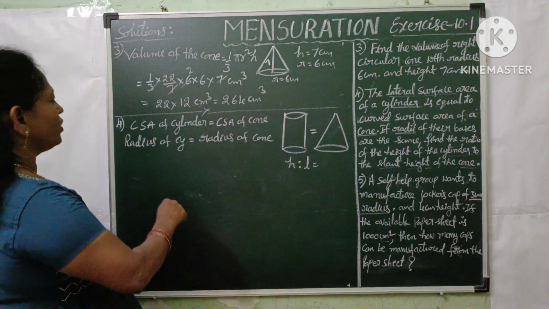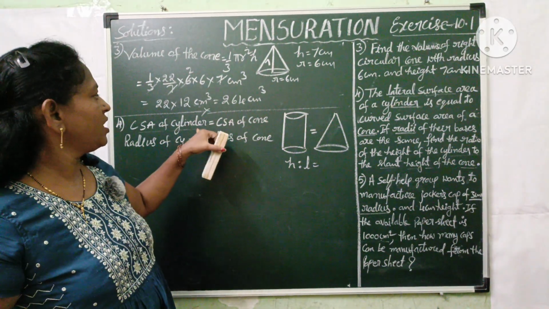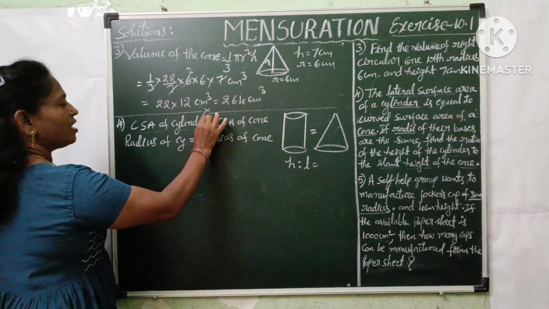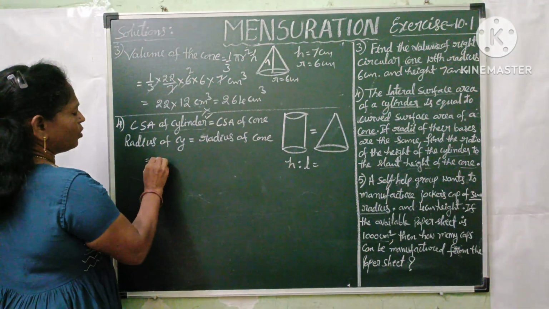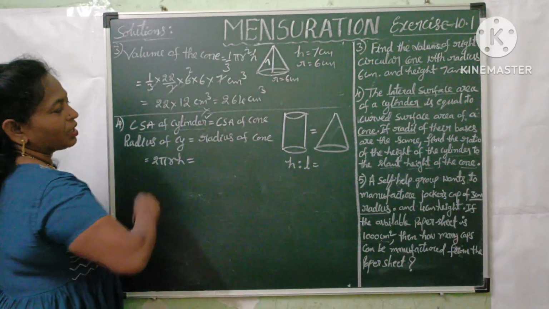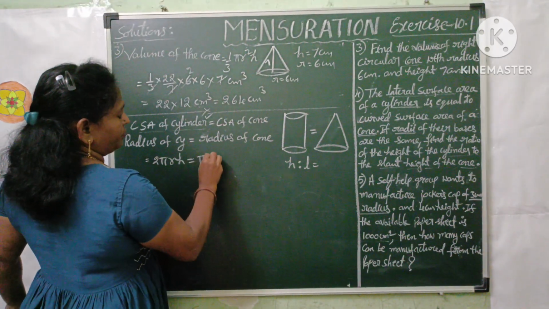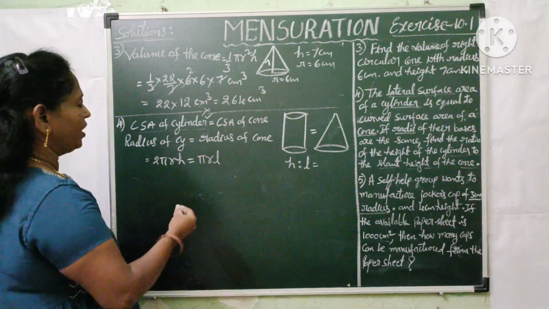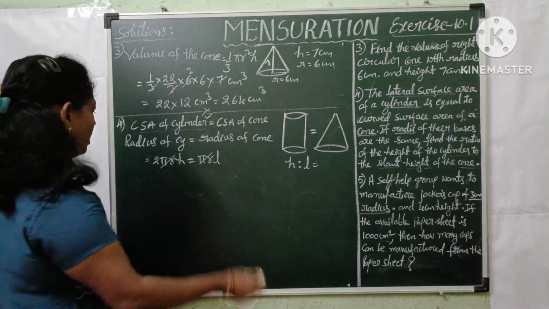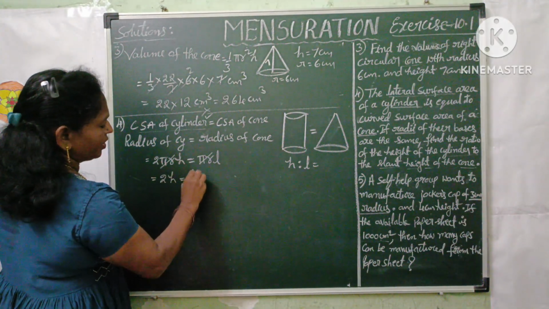Coming to here, the curved surface area of the cylinder is equal to the curved surface area of the cone. So the cylinder formula 2 pi r h is equal to the curved surface area of the cone, pi r l. Here pi r on both sides cancels, and that gives 2h equal to l.